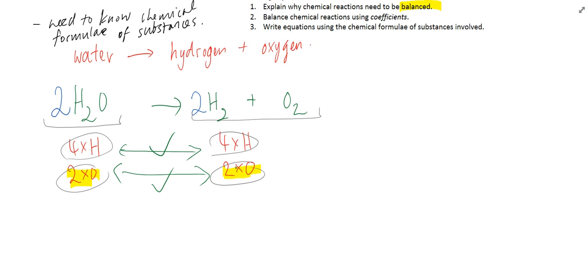Now you're probably wondering, why is it that I can't just change the number of atoms inside the molecules? So let's just write it up again. Water splits into hydrogen and oxygen.